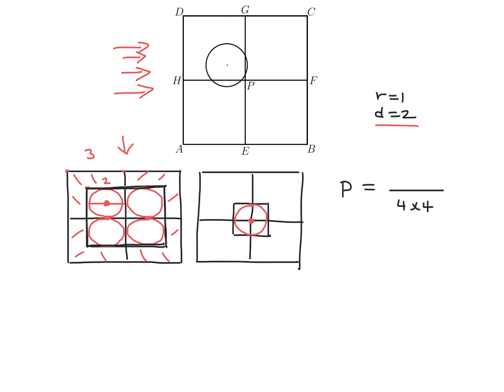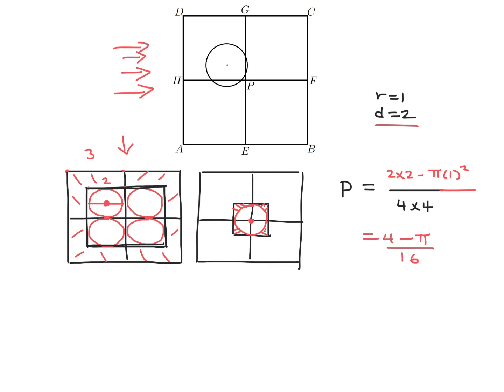So in this diagram, that is represented by these regions right here. Those regions are basically the square, which is a 2x2 square, minus the area of that circle, which is pi r squared, where r is 1. That's 4 minus pi over 16.